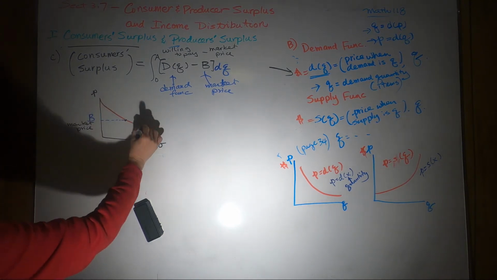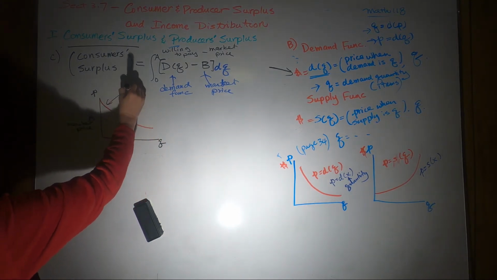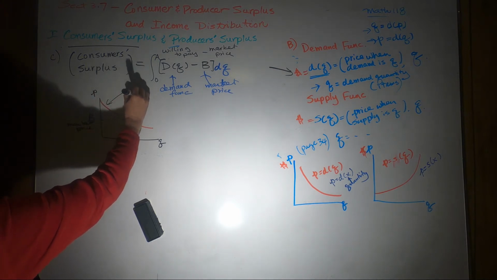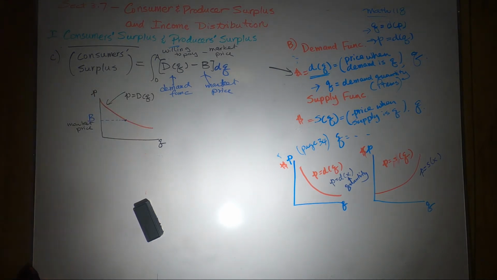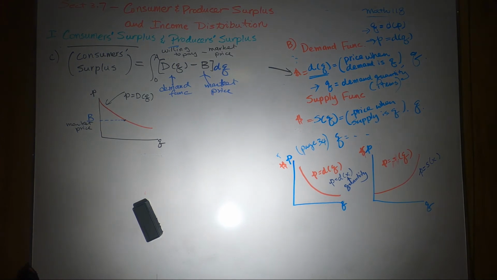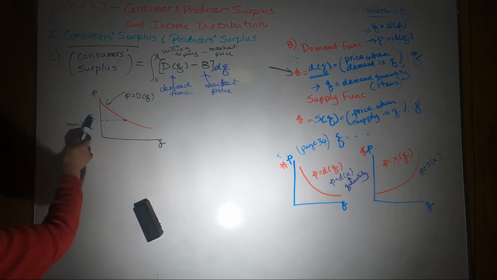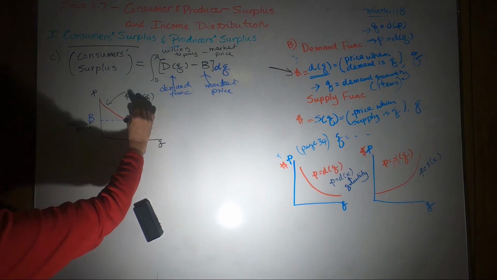So that's the function. This function is what? P, right? P is what? D of Q, right? So if market price is B, that means what? This point is what?